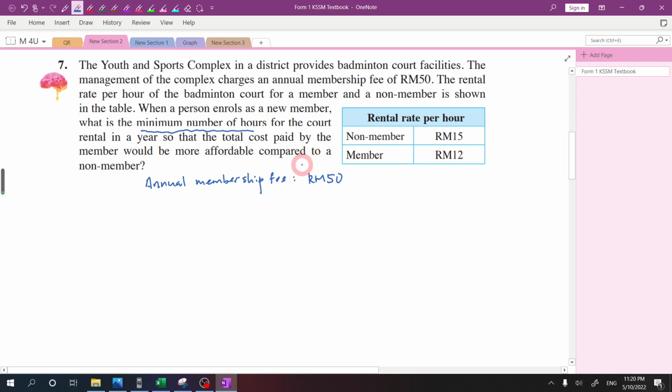If you are a member, you need to pay 15 ringgit first to become member. Then, because you are a member, when you rent the court, 1 hour you only need to pay 12 ringgit for member.